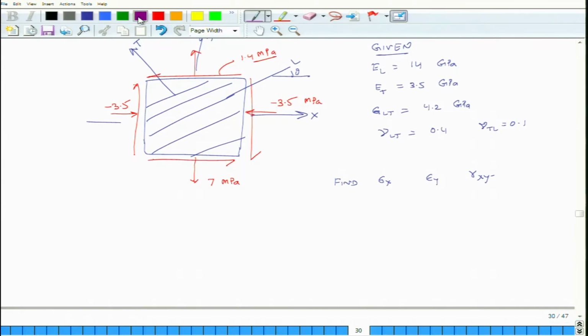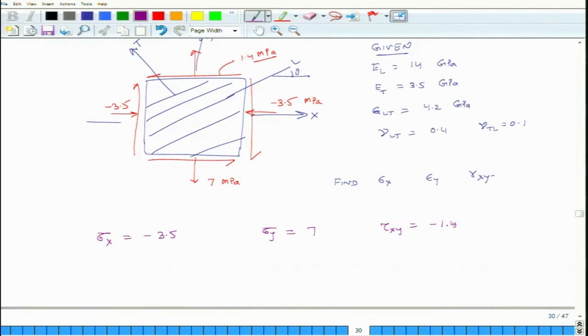First we identify what are the values of sigma x, sigma y and tau xy. So, sigma x is how much? Minus 3.5. Based on the picture, sigma y equals 7, and tau xy is minus 1.4.